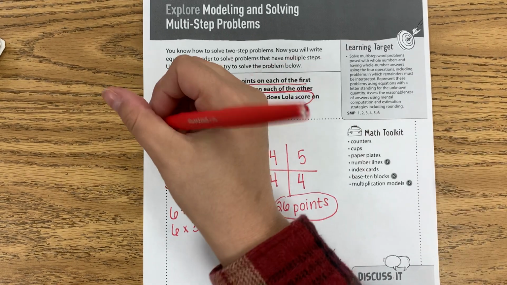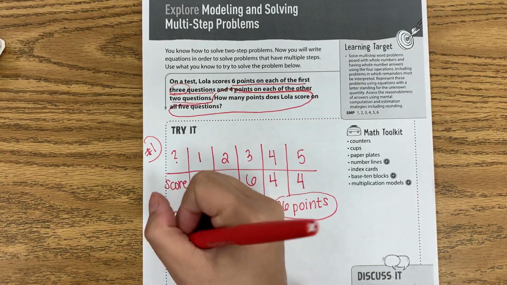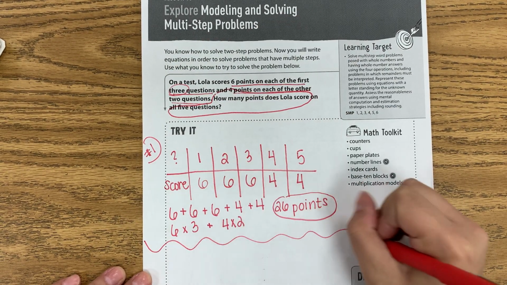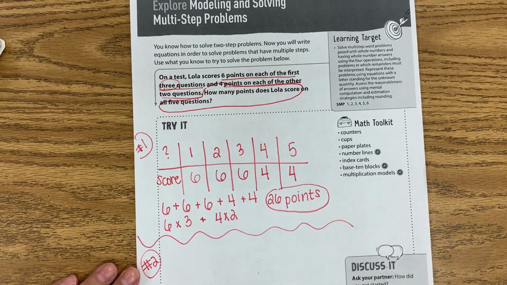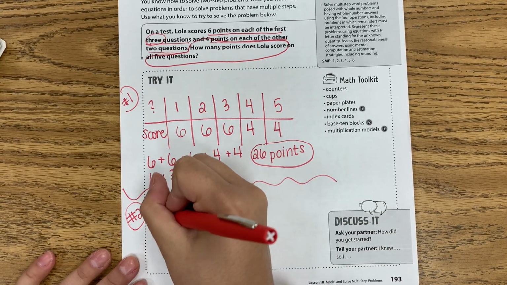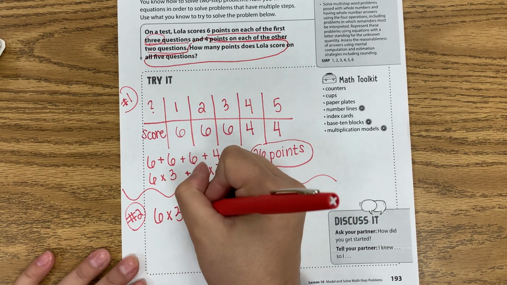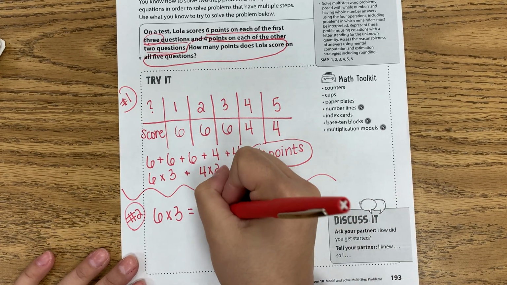Now, this is way number 1. There is another way to do this without a table, and it's just pulling out the multiplication facts. For example, Lola scores 6 points on the first 3 questions, so we would solve 6 times 3, which is 18.